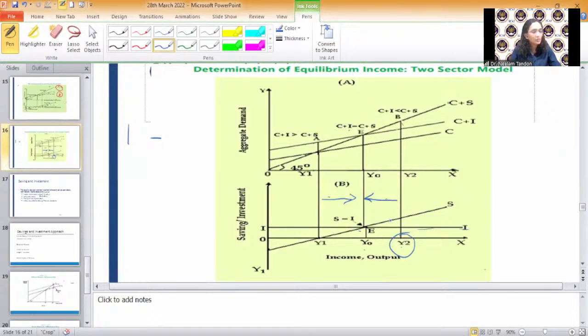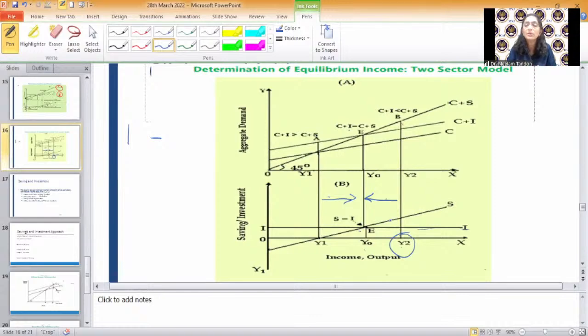So I simply want to say that if the overall demand in the economy is low, people start consuming less, then corporates will not be producing. Investments in the economy will reduce, income will reduce, output will reduce. And that is why you see developing countries like India, why people want to invest more in India, why Nokia is here, why Apple is here, why Samsung is here, why Unilever is here.